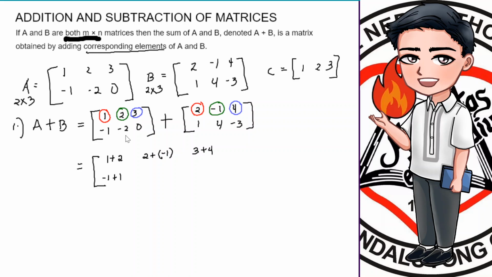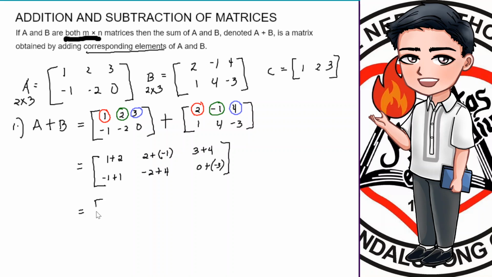And negative 2 plus 4, and 0 plus negative 3. You can repeat this process if you find it difficult to understand. So let's continue.